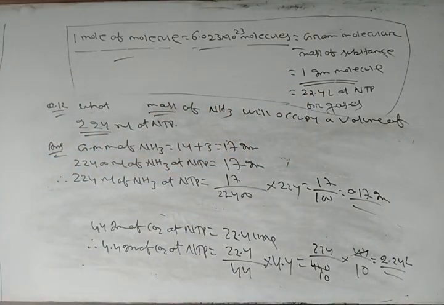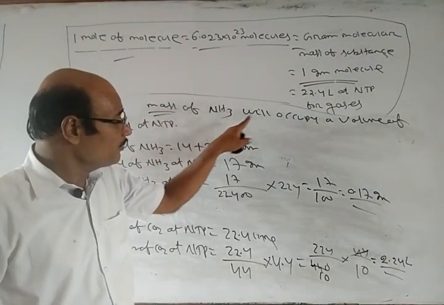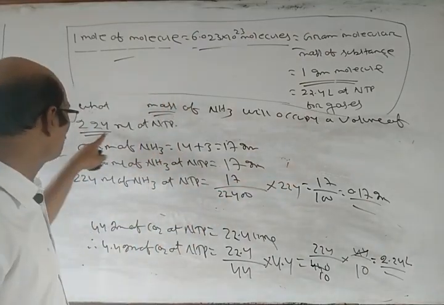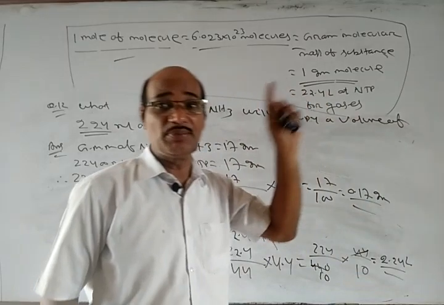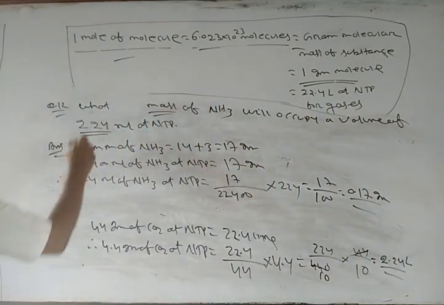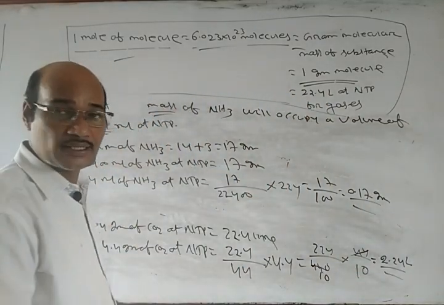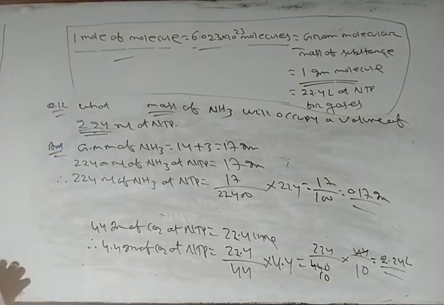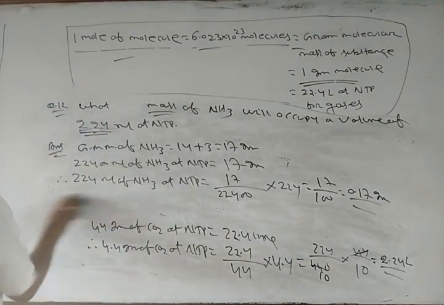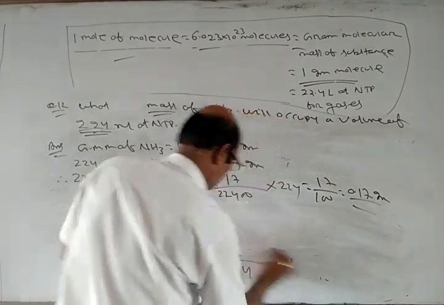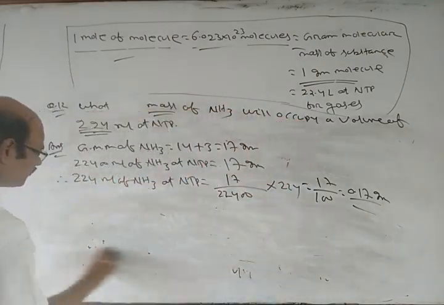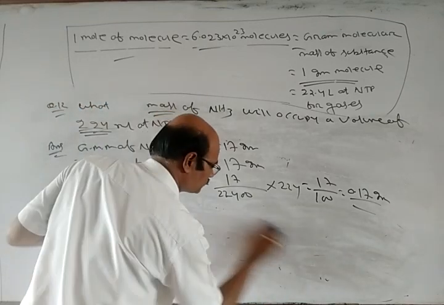Okay. So 0.17 gram of ammonia at NTP will occupy a volume of 224 milliliter. Is that clear? So that was mass to volume. Now let us take volume to number of molecules. Okay.